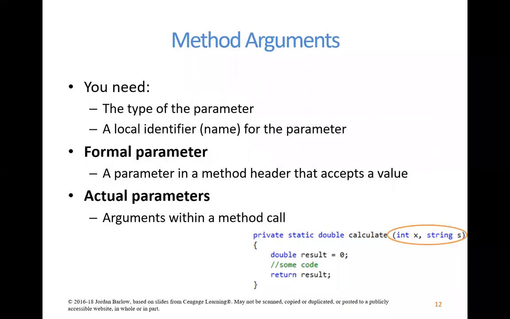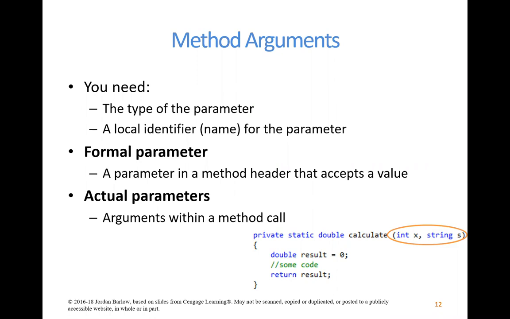Okay, here's a slide that gives you a little more detail on parameters. Formal parameters are the ones that you type when you're actually writing the method, and then actual parameters are the arguments that the person invoking the method types in.